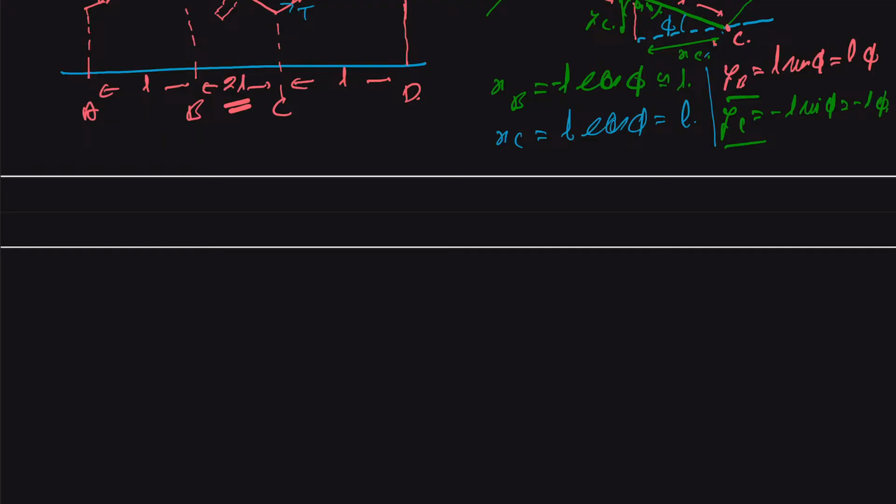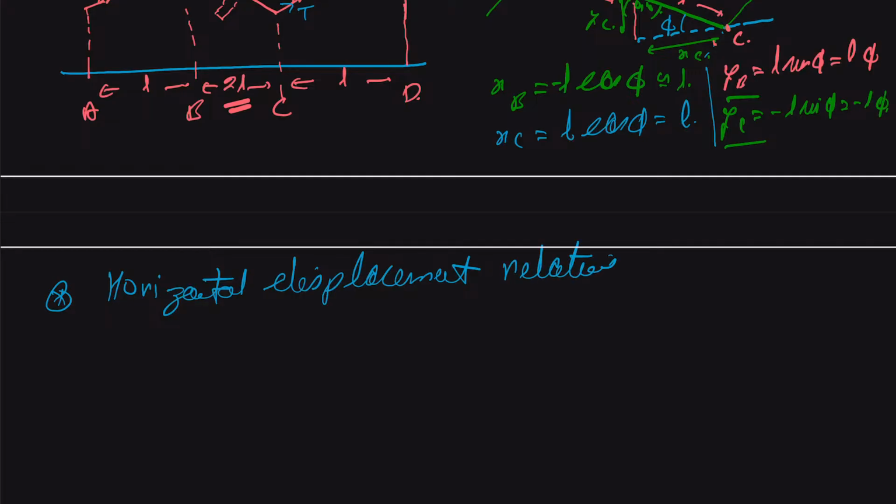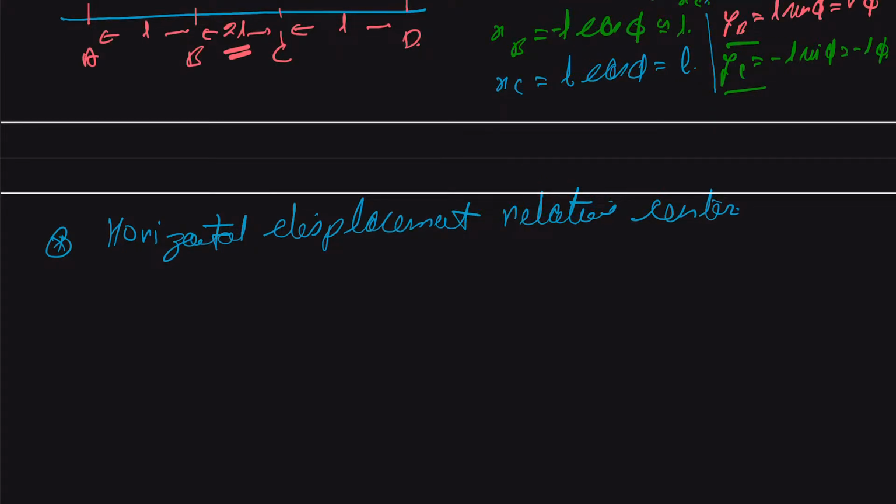So now we can say that the horizontal displacement relative to the center will be equal to y of B minus y of C, which will be giving us L phi minus minus L phi, which is equal to twice L phi.